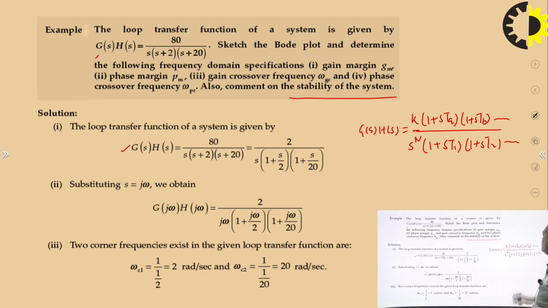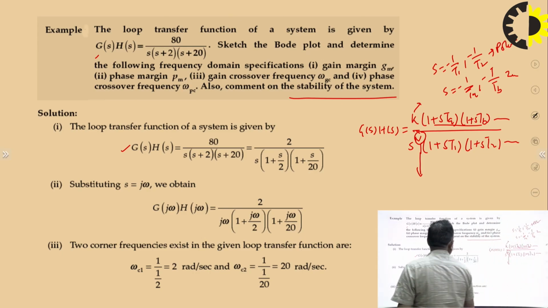This is the standard transfer function. Here n is the number of poles at the origin, which defines the type of the system, and K is the open loop gain. At s equals minus 1 upon Ta, minus 1 upon Tb, we have the zeros, and at s equals minus 1 by T1, minus 1 by T2, we have the poles. So zeros and poles are like this.